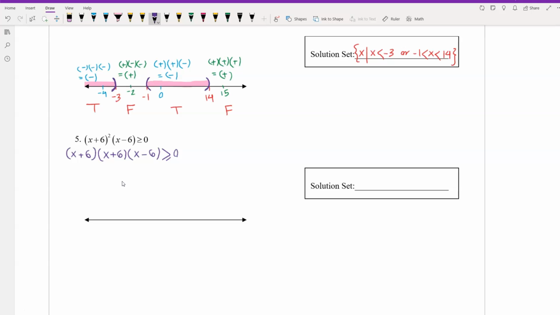So critical points are, here we have x as negative 6. This one repeats, again we have negative 6. Then we have x minus 6 equal to 0. Solving for x, x is 6. So these are critical points.